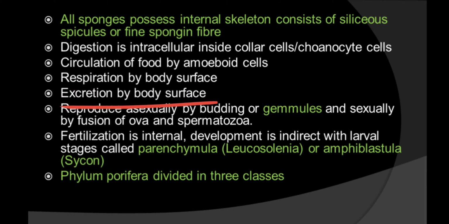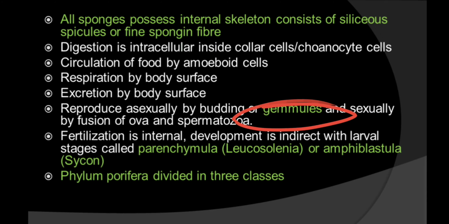Now about the reproduction. They reproduce asexually by budding or gemmules, and sexually by the fusion of ova and spermatozoa. So sexual reproduction takes place by the fusion of ova and spermatozoa, whereas asexual reproduction is by budding or gemmule formation.